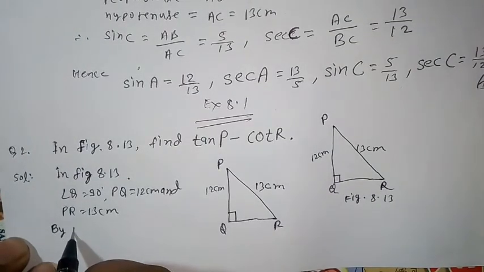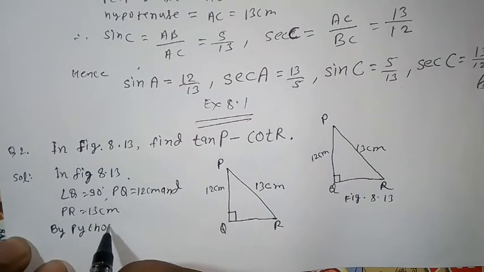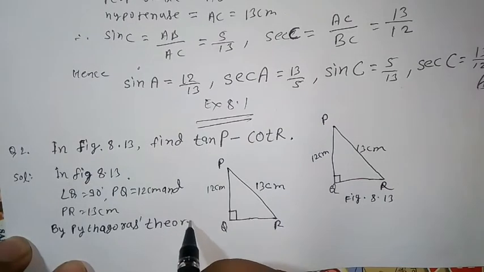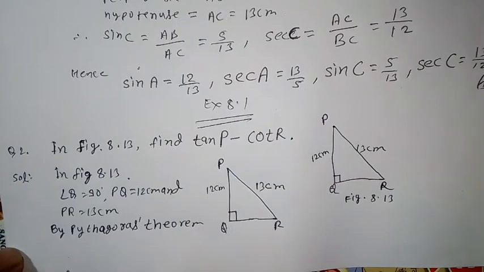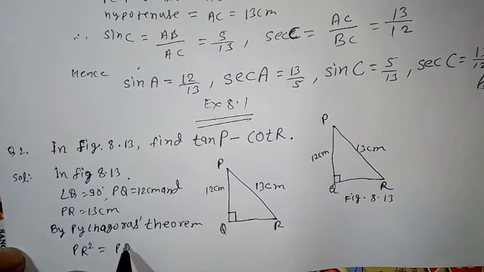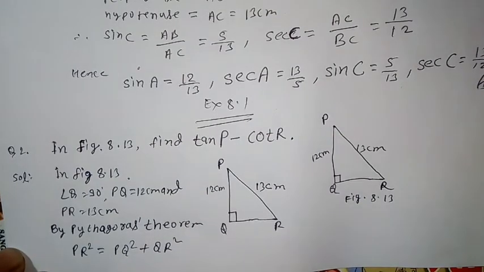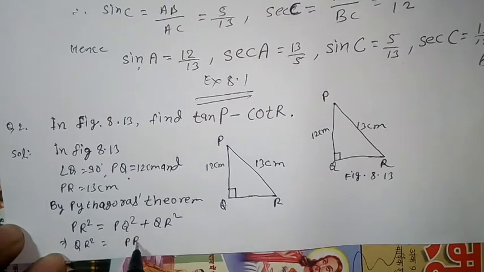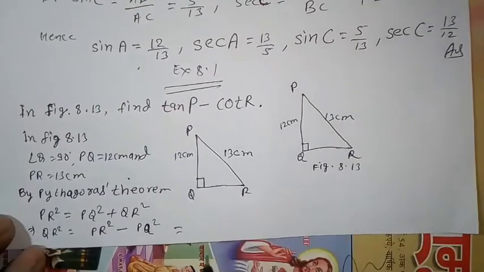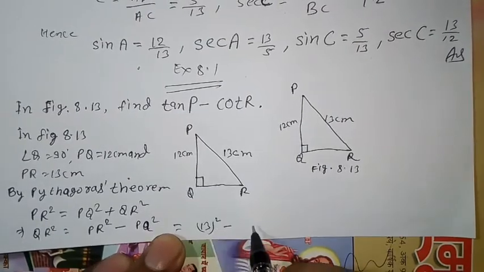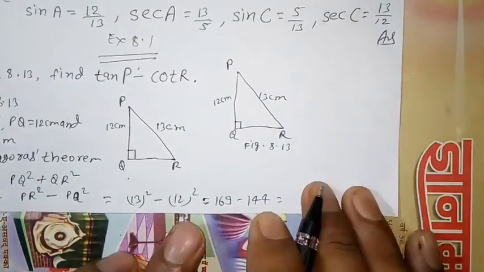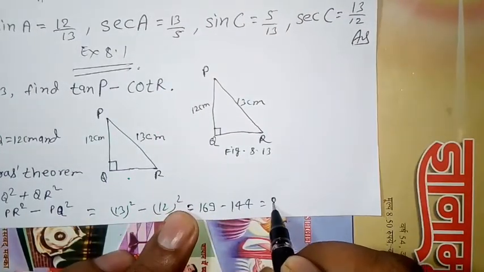By Pythagoras theorem, PR square is equal to PQ square plus QR square, implies QR square is equal to PR square minus PQ square is equal to 13 square minus 12 square is equal to 169 minus 144 is equal to 25.